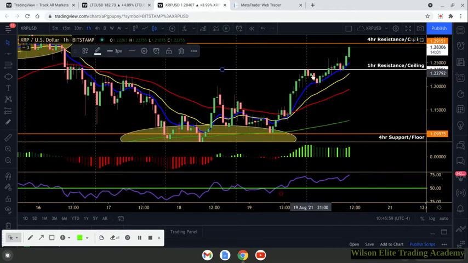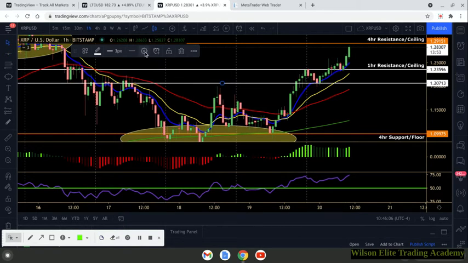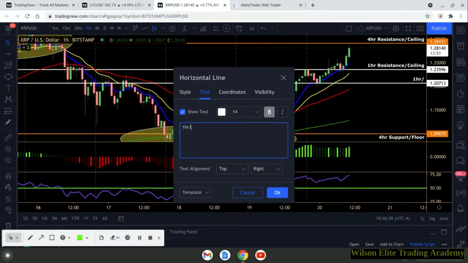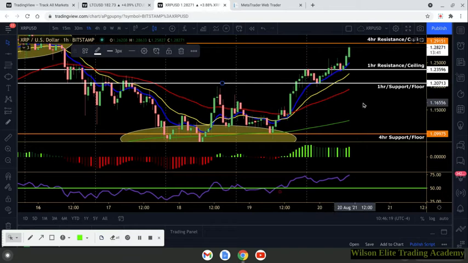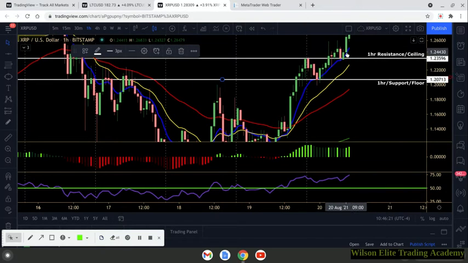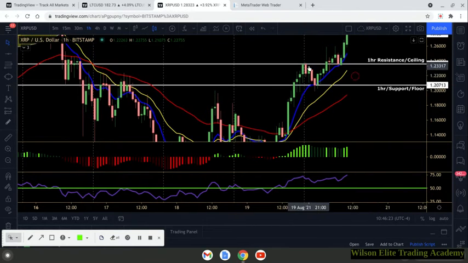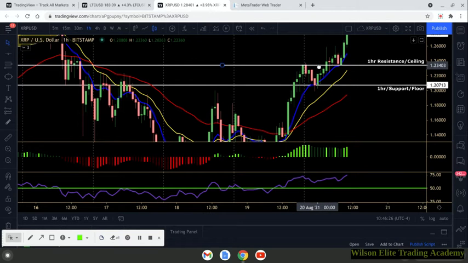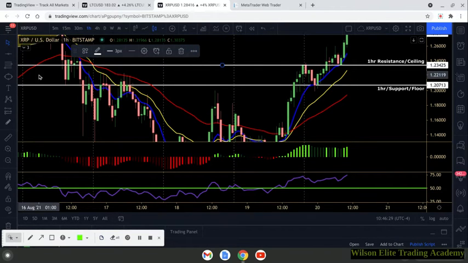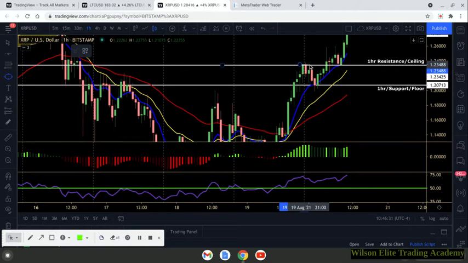Then price came down, pushed down because it couldn't break here, and made this low, which was your 1 hour floor. So 1 hour support / floor, right?